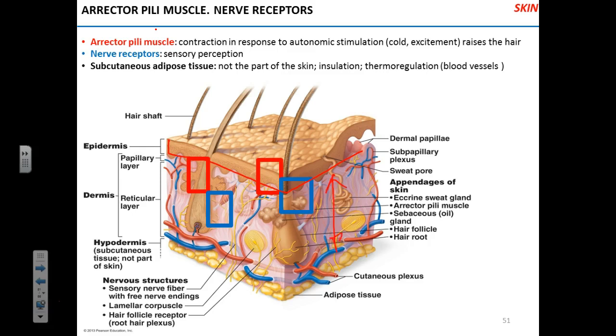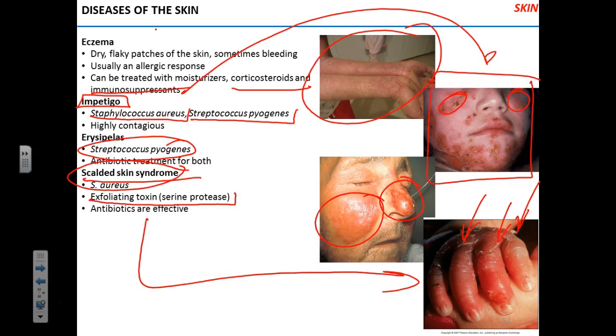And a deeper dermis. Any epidermal layer, any epithelial tissue, what is it attached to? The bottom. What is it attached to? The basement membrane. That protease breaks down the basement membrane.